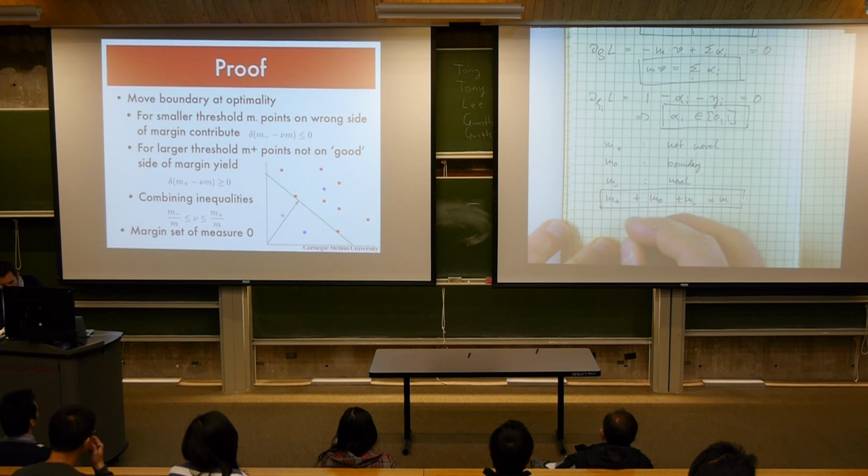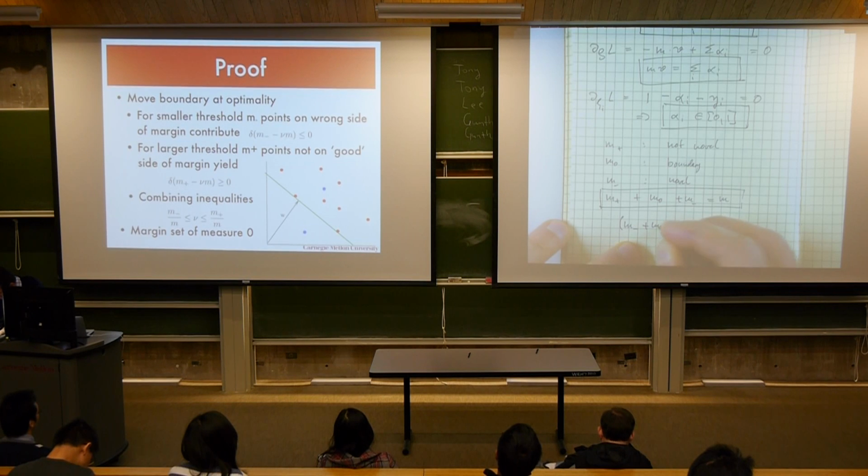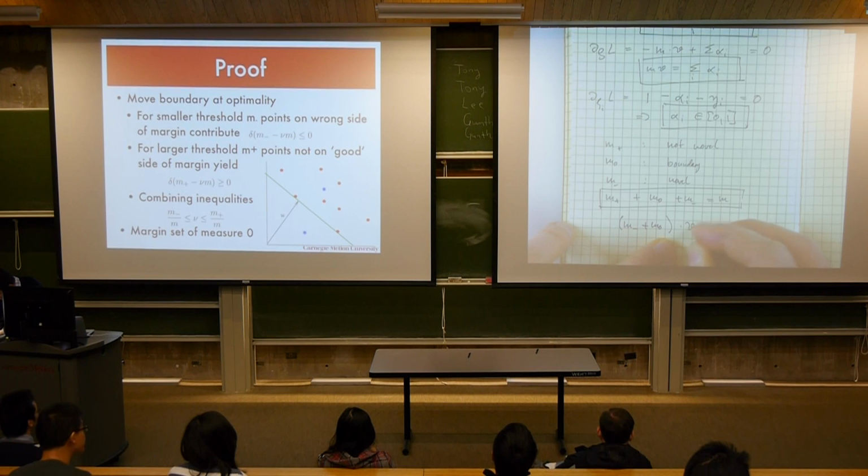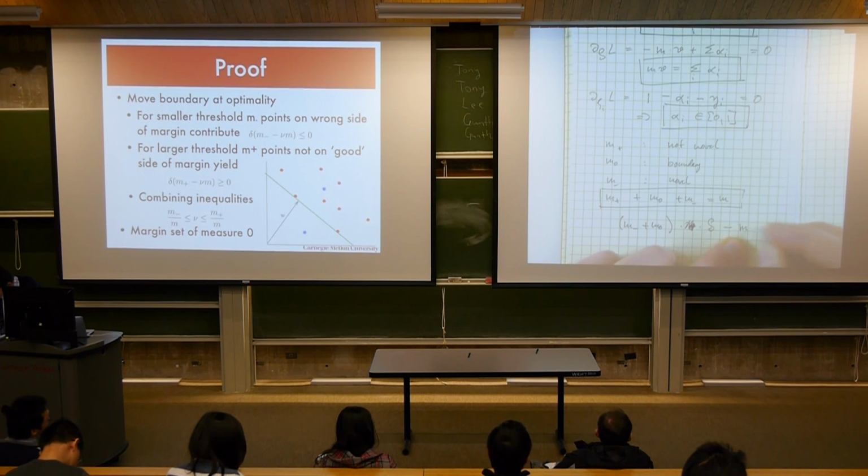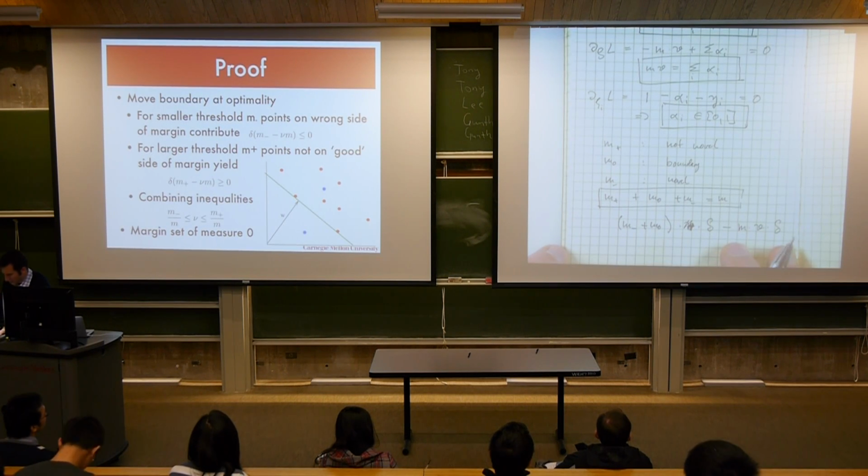This is the penalty that I'm paying. But I will also gain, namely, m times nu times delta, because now my margin is larger, because my hyperplane is larger.